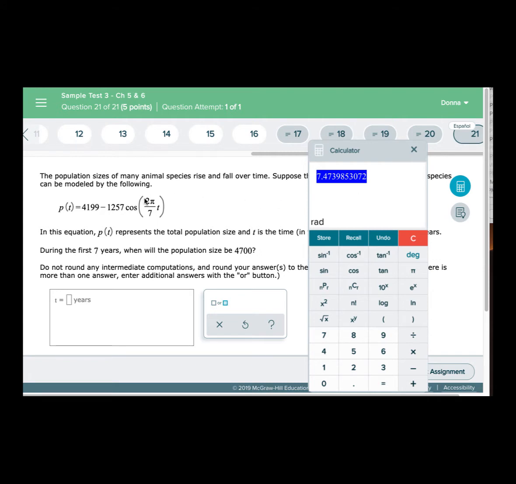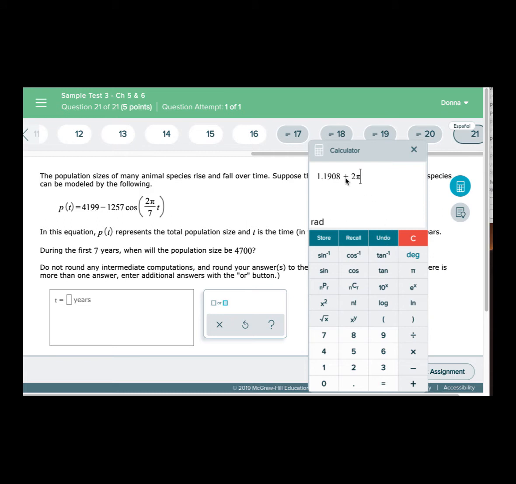When we multiply by the reciprocal, 7 over 2 pi, I think it's going to be bigger than the 7-year cutoff we have here, the first 7 years. And sure enough, we get 8.326, so it's too big. So we'll just go with those two values and multiply them by 7 over 2 pi. So let's undo.